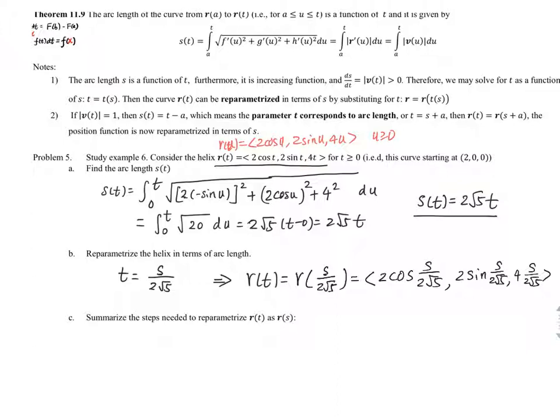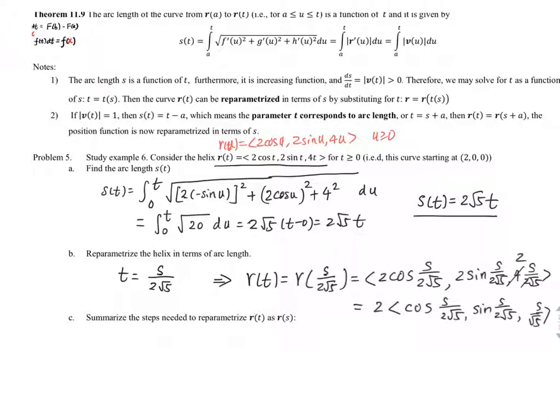There's a little cancellation you can do: if I cancel the 2 and 4, we're left with 2. If we factor out the 2, then we have 2 times cosine of s over 2 square root of 5, sine of s over 2 square root of 5, and s over square root of 5.